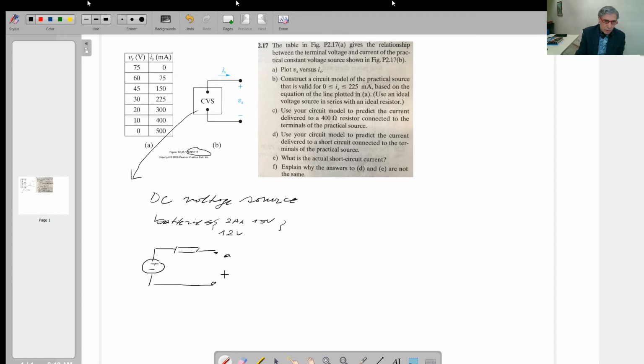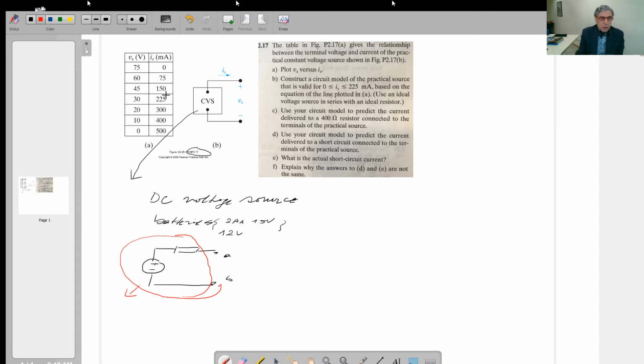So A and B. Let me change the color. So what we've got here is the practical battery, and this is the corresponding model of it with ideal elements included.